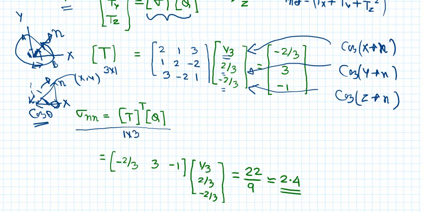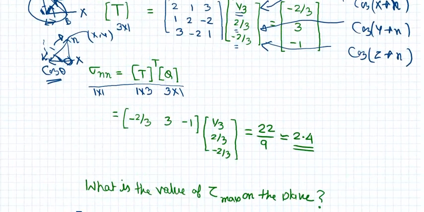And Q is the direction cosine, so it has an order 3 by 1. So when you compute, you will have a 1 by 1 matrix. And this is nothing but the stress in the normal direction. So you just multiply T transpose with Q, then you will get the value of stress in the normal direction.